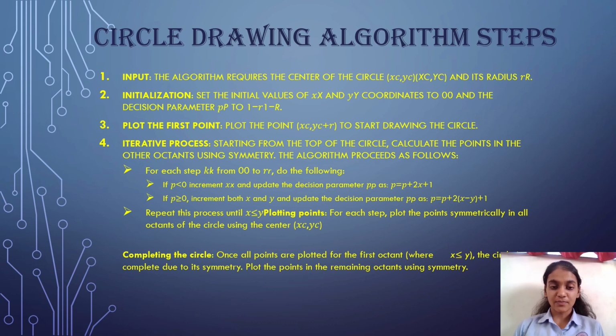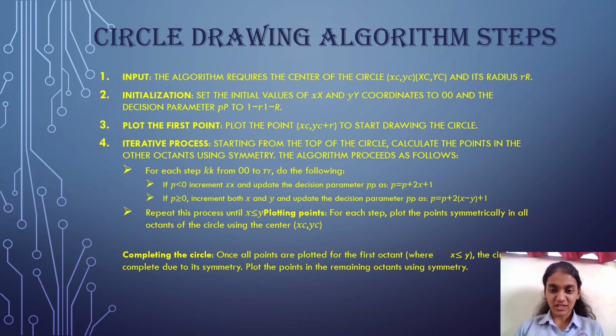If p is less than 0, increment x and update the decision parameter p as p equal to p plus 2x plus 1. If p is greater than or equal to 0, increment both x and y and update the decision parameter p as p is equal to p plus 2 in bracket x minus y plus 1. Repeat this process until x is less than or equal to y.